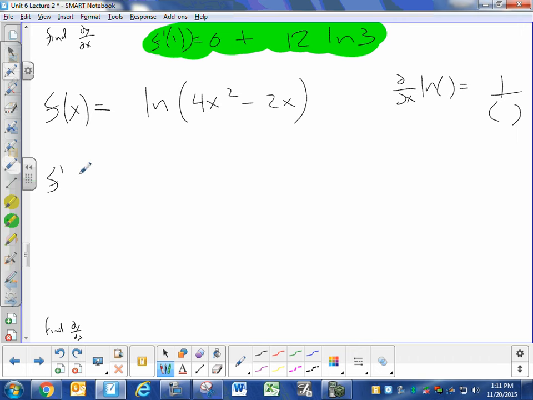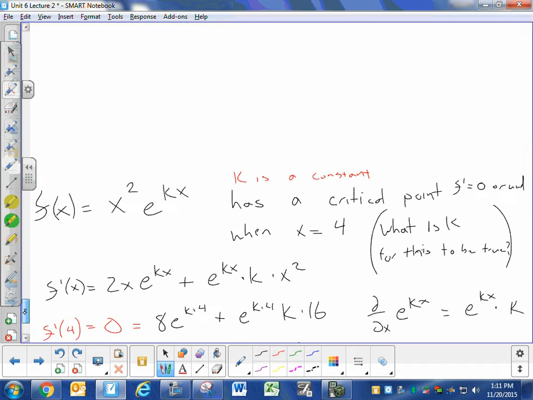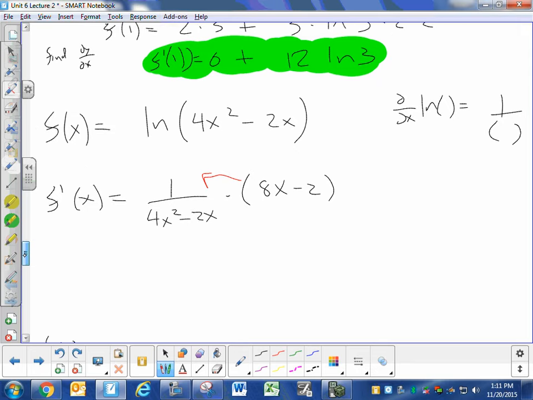So using the chain rule, the derivative of log of that stuff would be 1 over that stuff times the derivative of the stuff. And if you wanted to put the 8x minus 2 above the 4x squared minus 2x, you could, but you don't have to. Okay. We'll get to those. Yep.